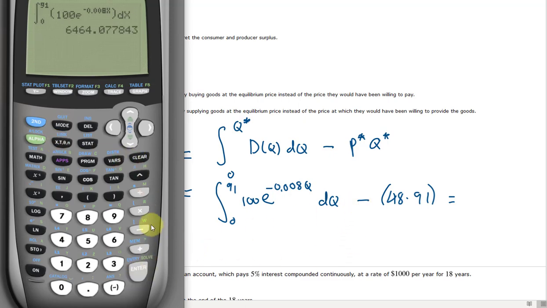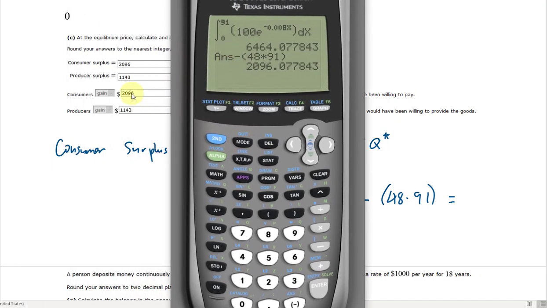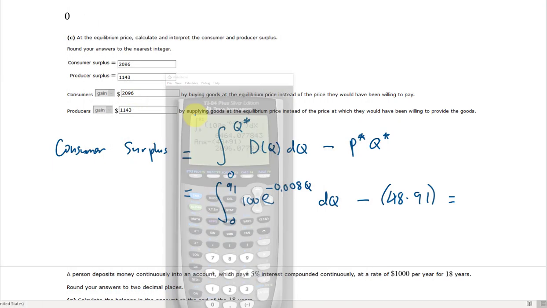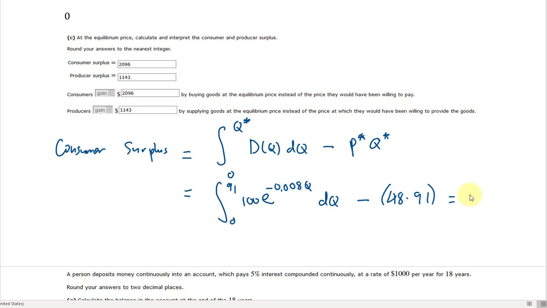Make sure you do a subtraction: 48 times 91. And that gives me $2,096, which is right here. Okay, $2,096. Round it to the nearest integer.